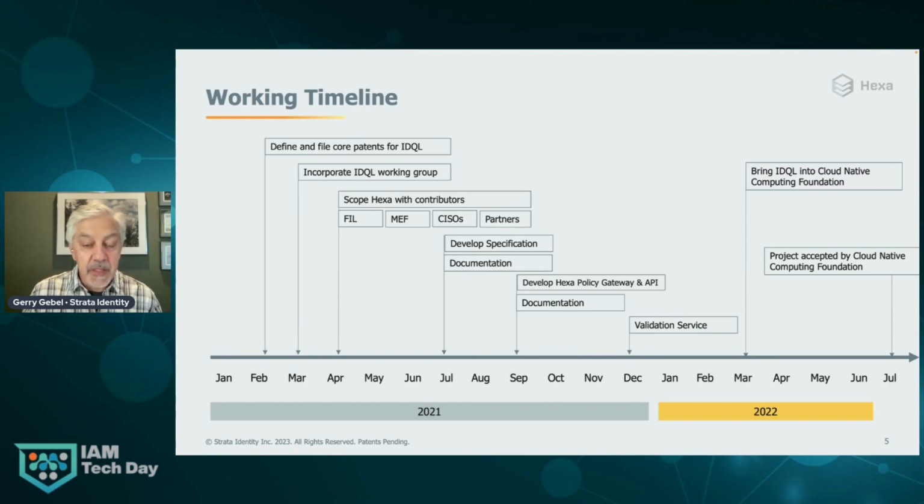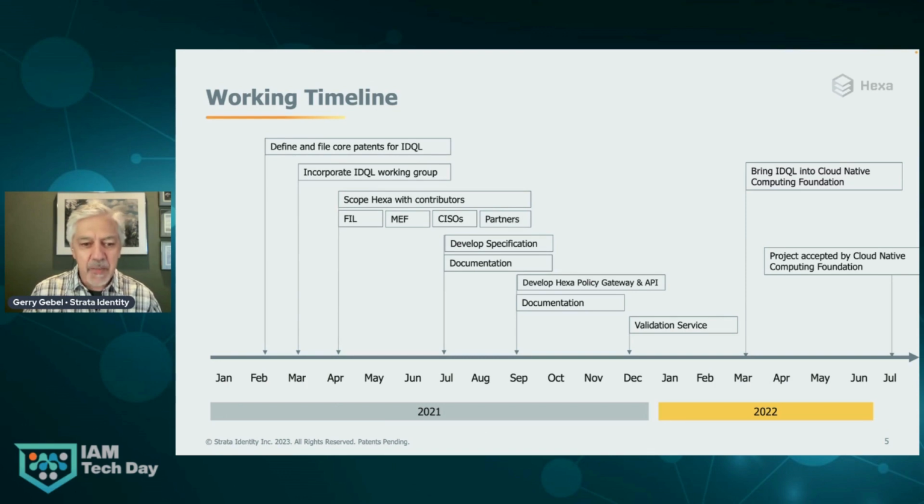We brought this project to the Cloud Native Computing Foundation early last year, submitted it as a sandbox project, and we were accepted in the middle of the summer last year. So it's been quite a journey so far, but we're just getting started.